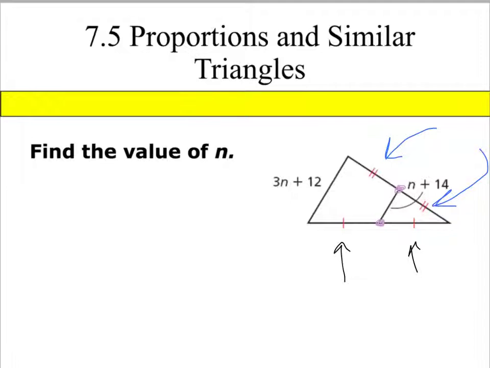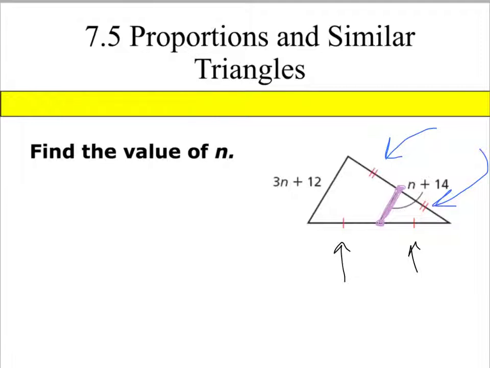What does that tell us? Well, if there's a segment that connects those two midpoints, that is a mid-segment. So now we have a mid-segment there. Do you remember how to set that up? Look back in your notes, and see if you can set this equation up to figure out what n would be.